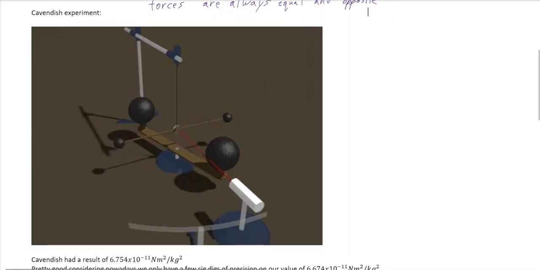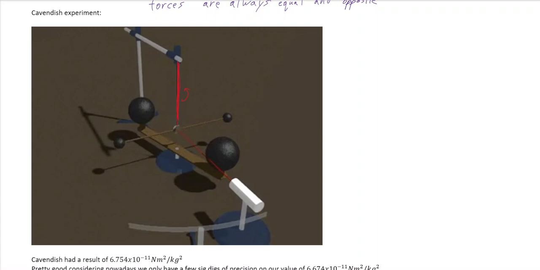This image here is showing what his experiment was basically all about. Basically what they did is they started by hanging this wire with a known torsion force required to twist it. So as the wire twists, we know exactly how much force is required to twist it by a certain amount.